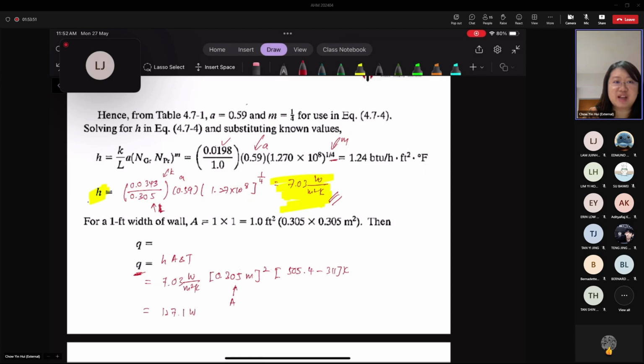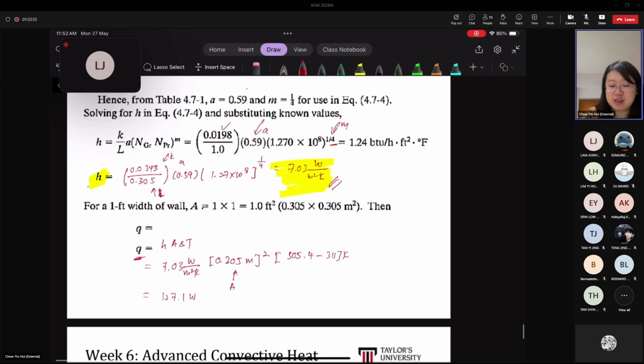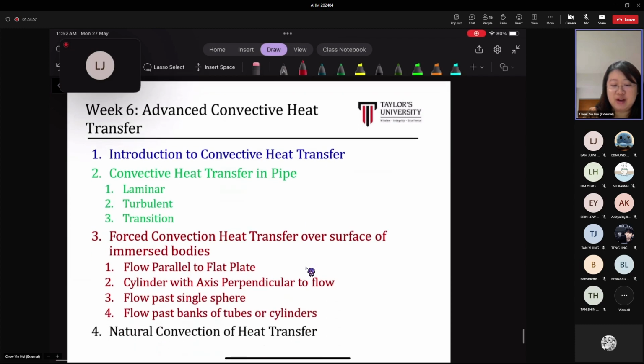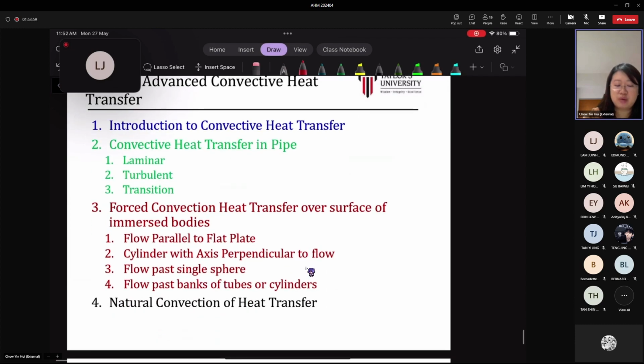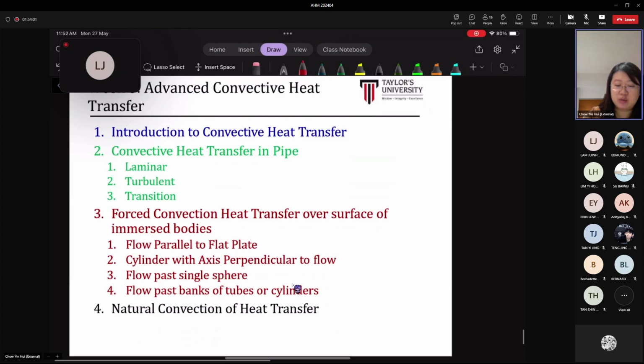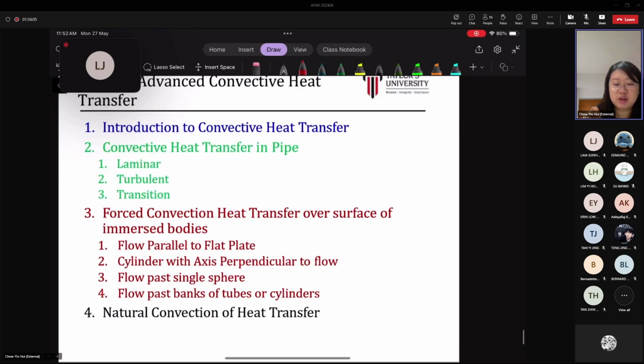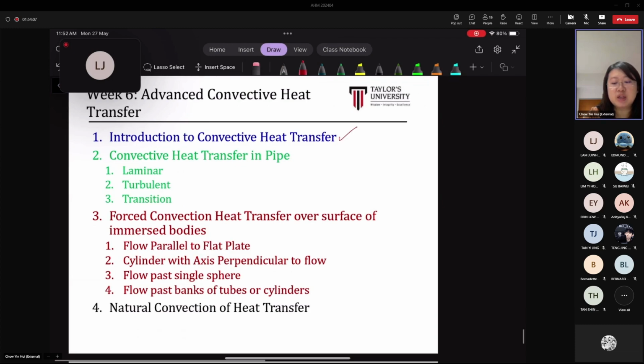Okay, thank you, Shawish. All right, so if there's no further question, that's the last part of our subtopic today. So for today's lecture, we have looked at the different dimensionless numbers: the Reynolds number, the Nusselt number, and the Prandtl number.